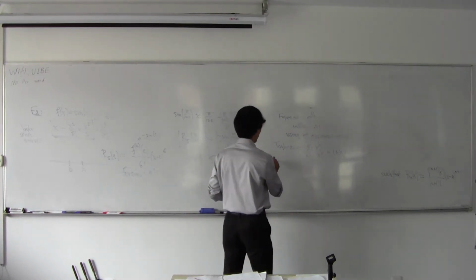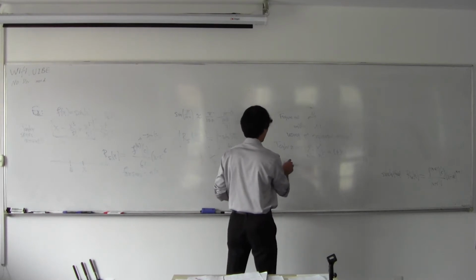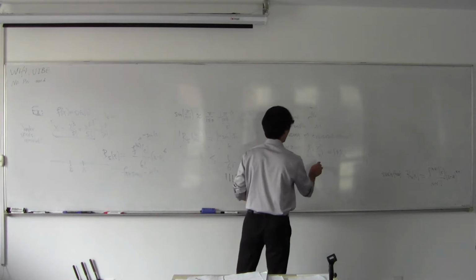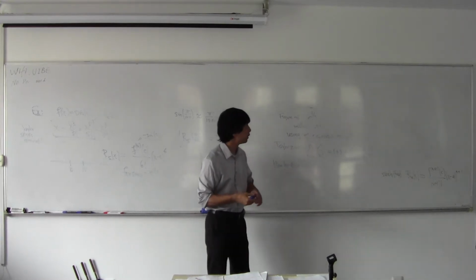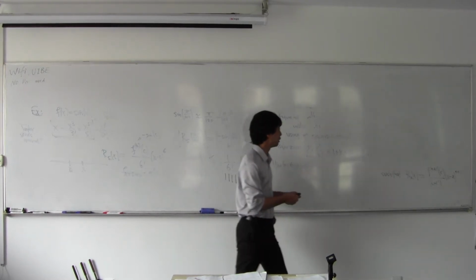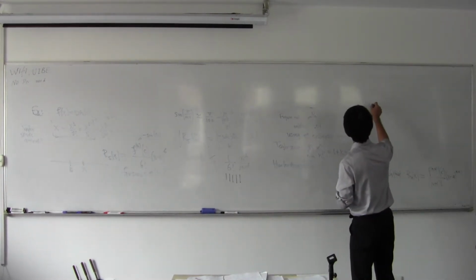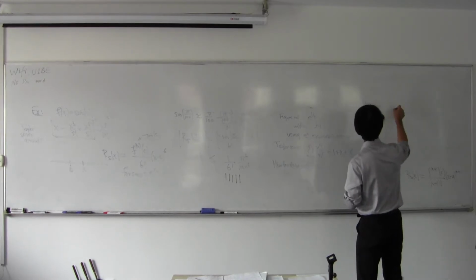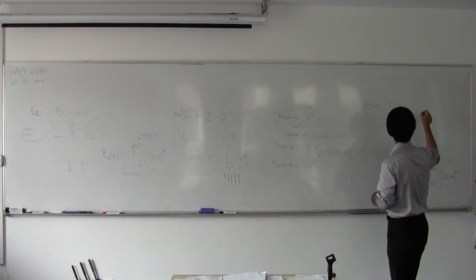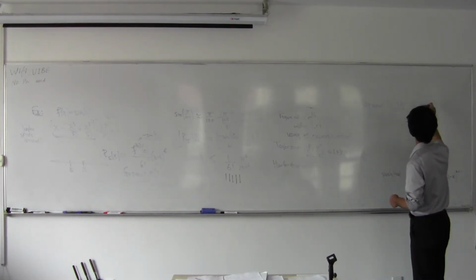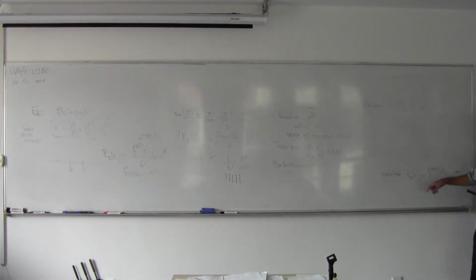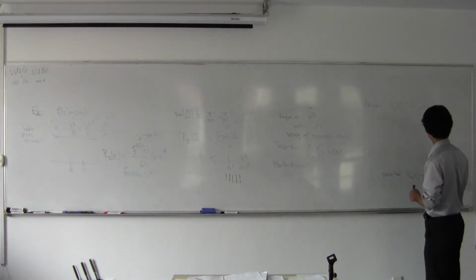So how far do we need to go? Well, we want the error to be smaller than 0.01, right? So we want r sub n at 1/2 to be smaller than 0.01. We want the error at that point to be smaller than 0.01.